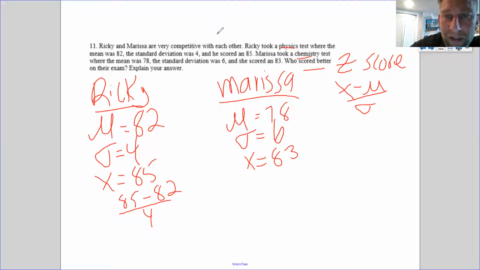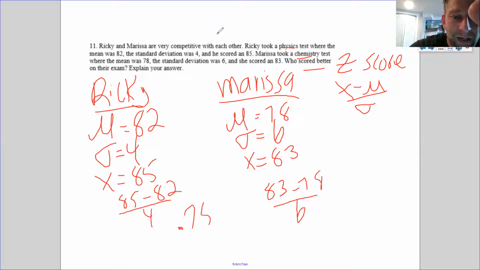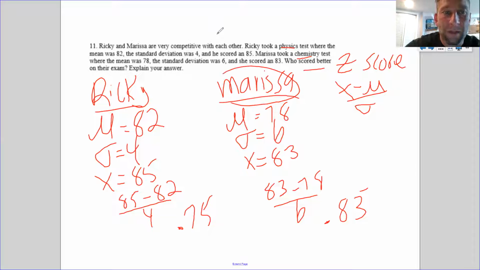And for Marissa, it is 83 minus 78 over 6. You can use a calculator. I'm not going to pull it up for this. It's simple enough to type in. That's going to give you 0.75. This is going to give you 0.83. Who has a higher z-score? Marissa.